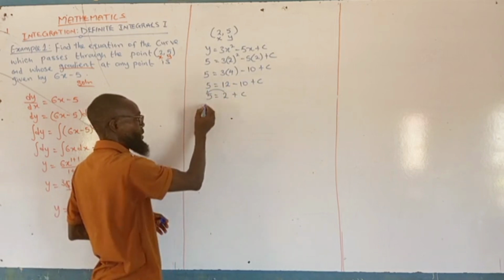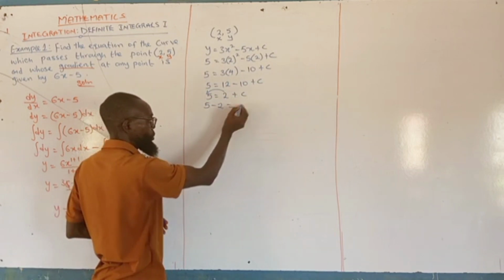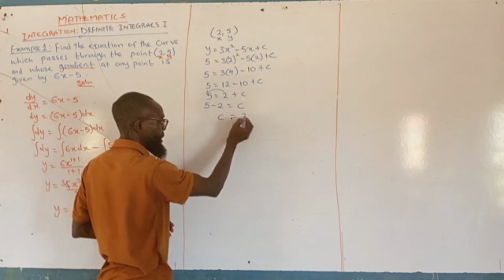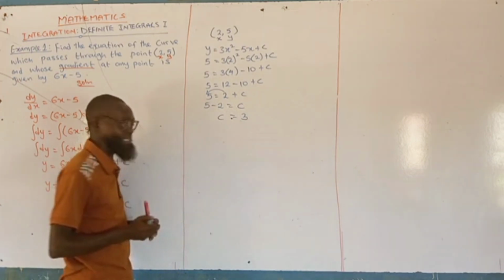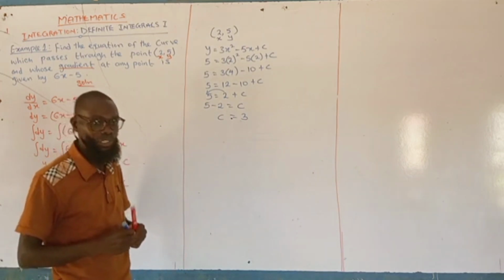Take this 2 across: 5 minus 2 equals c, so c equals 3. So the value of the constant c is 3.